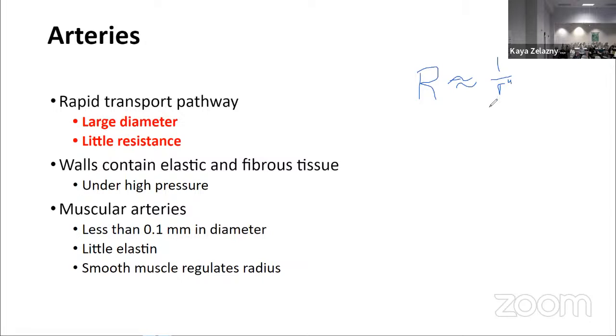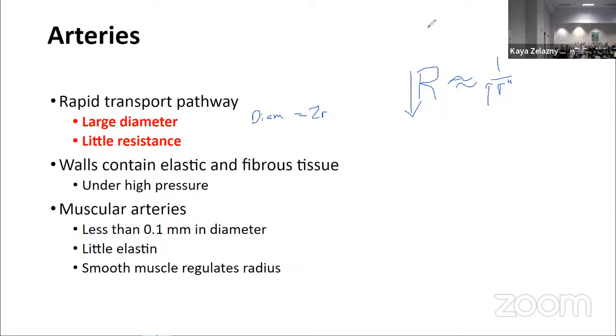Inversely proportional. So if you increase radius, you decrease resistance, right? So if we have a large diameter, that is just twice radius, right? You don't need to memorize that for me, right? But when we talk about something in terms of diameter, just think about the radius. They're the same thing functionally for our purposes.